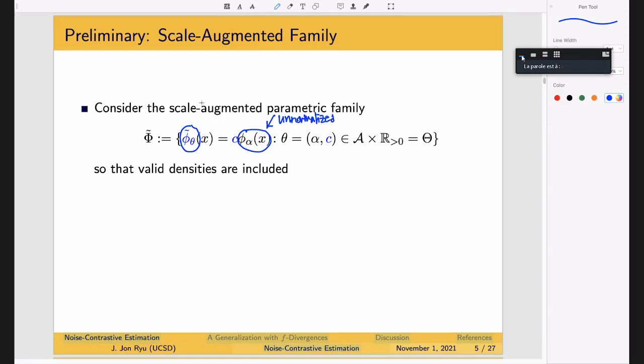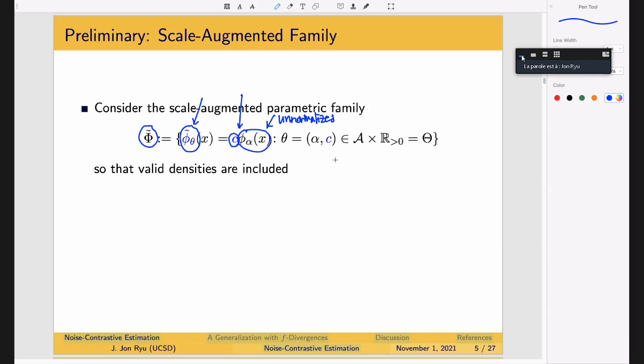And this phi tilde theta has another parameter c, which can be any arbitrary positive real value. What I'm doing here is extending the family by introducing another parameter c, so that this phi tilde, the extended family, can include valid densities.